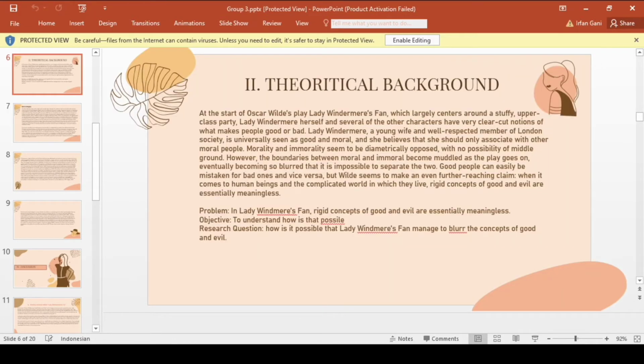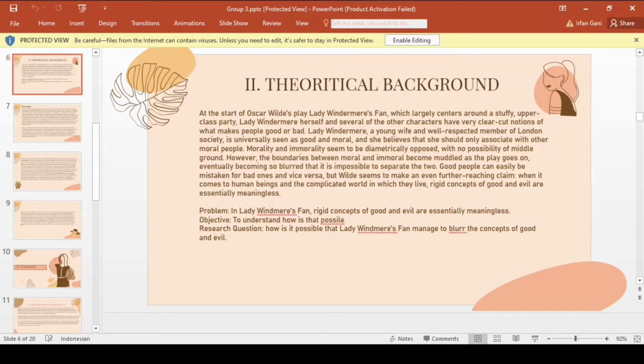So, theoretical background. At the start of Oscar Wilde's play, Lady Windermere's Fan, which largely centers around a stuffy upper-class party, Lady Windermere herself and several of the other characters have very clear-cut notions of what makes people good or bad.